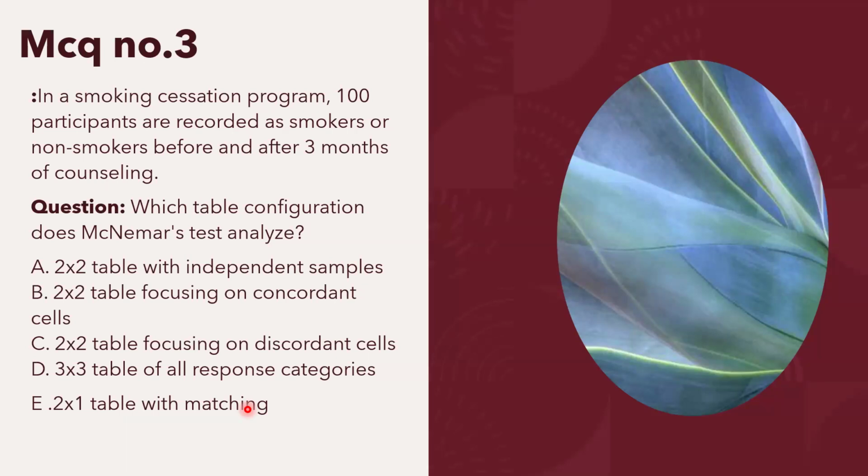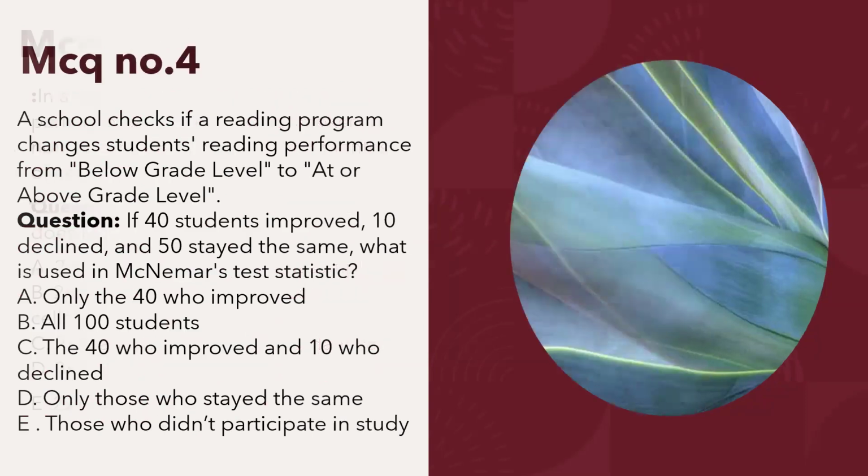B? No, it's 2x2 table focusing on discordant cells, as we have discussed in the previous slides, concordant data versus discordant data. The answer is C.